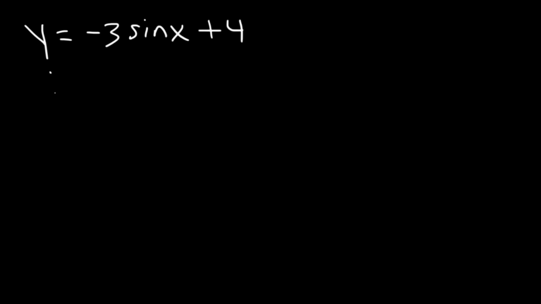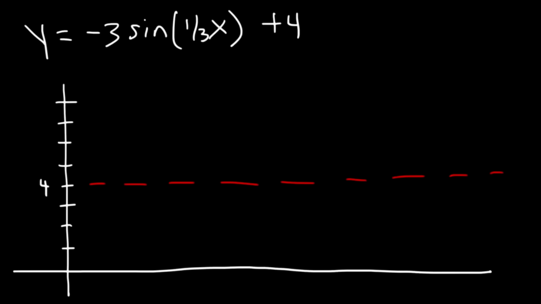So let's draw the center line at 4 first. The amplitude is 3, so we're going to have to go up 3. 4 plus 3 is 7, and then down 3, starting from 4. 4 minus 3 is 1. So the range is going to be from 1 to 7.